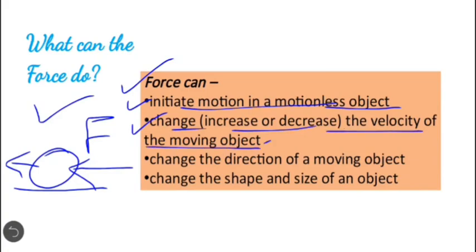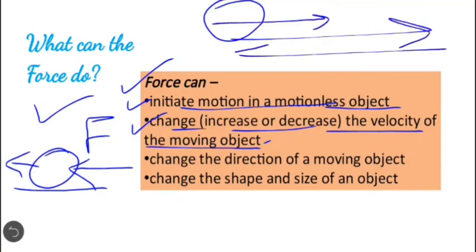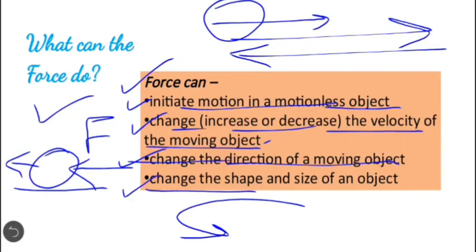Third, change the direction of a moving object. Fourth, force can change the shape or size of an object. So these are the main four things which can be done by applying force.